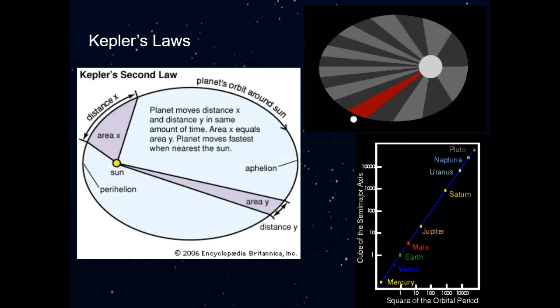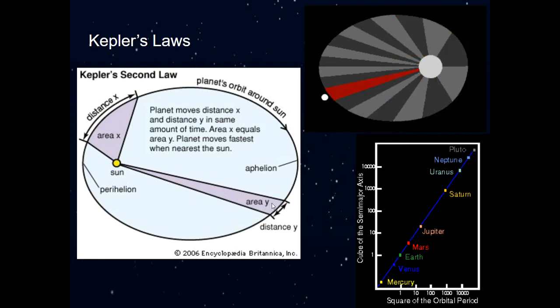The second law is a little weird to think about. If you take a line and you have it sweep over an area along one portion of an orbit, a line from the sun to the planet, and then do the same thing in another area, a line swept over that will have the same distance if the areas are equal.